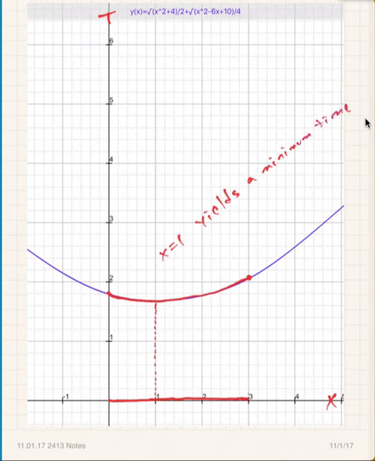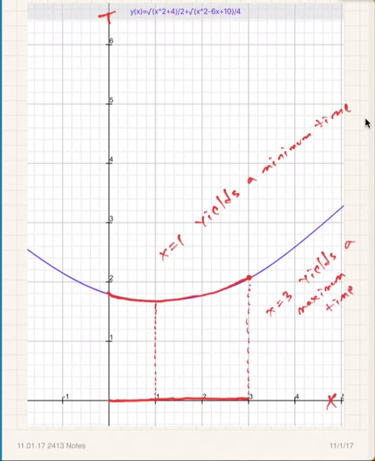And then what about x equals 3? X equals 3 is an endpoint, and x equals 3 yields a maximum time. A little bit more than 2 hours.